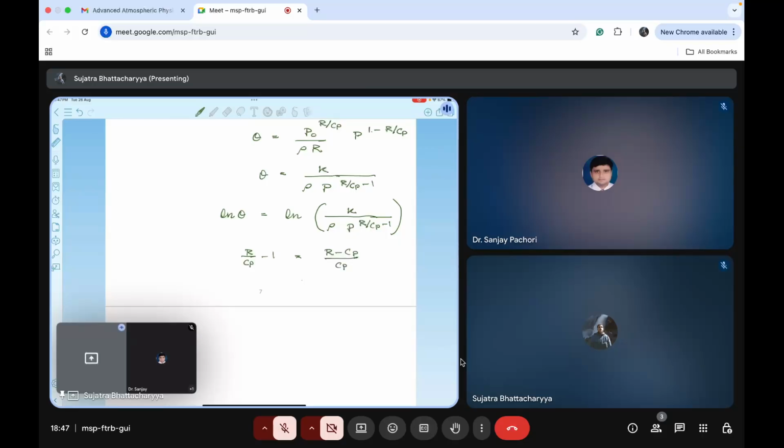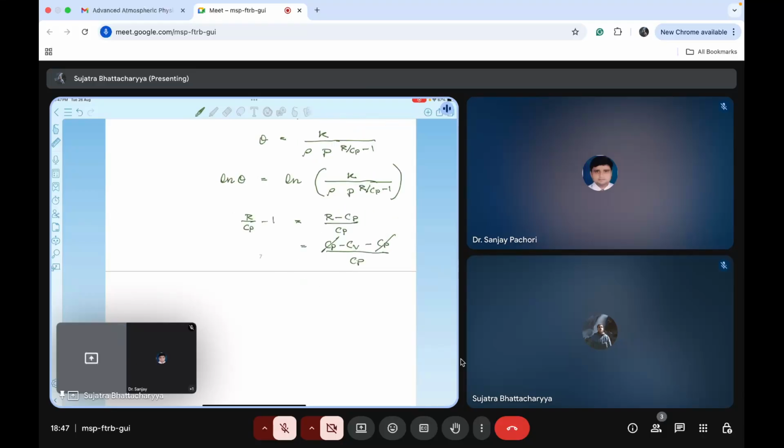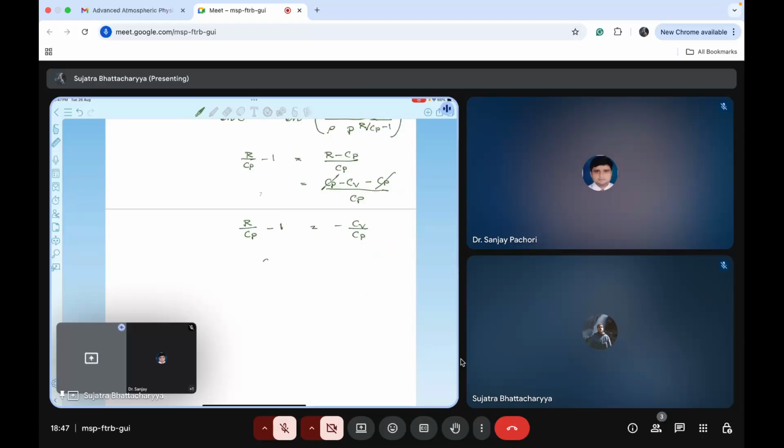R can be written as Cp minus Cv. You all know this. Minus Cp divided by Cp. Cp and Cp cancel. What you get is minus Cv by Cp. And if you remember from our 11th or 12th class chemistry or physics, we call this Cp by Cv ratio gamma. It changes for a diatomic gas, triatomic gas. So it is just called gamma.